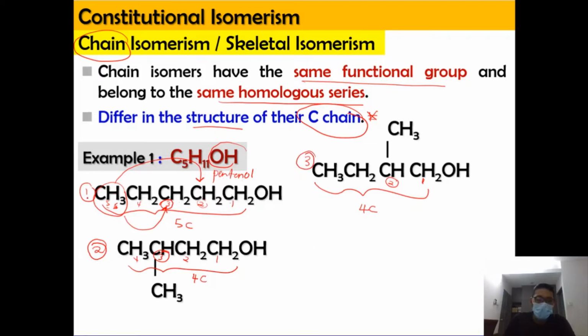Isomer 1, isomer 2, and isomer 3 all have the same molecular formula, which is C5H11OH. So 1, 2, 3, 4, 5, C5. H is going to be 3 plus 2 plus 2, 7, plus 2, 9, plus 2, 11, OH.